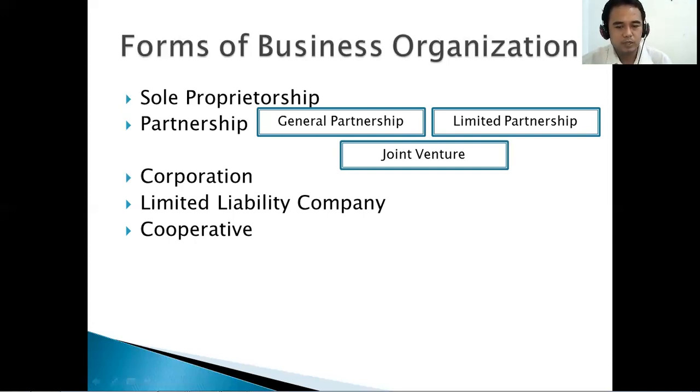As we have observed, there are many different types of cooperatives, like water and electricity cooperatives, cooperative banking, credit unions, and housing cooperatives. So this is also one of the successful types of business.